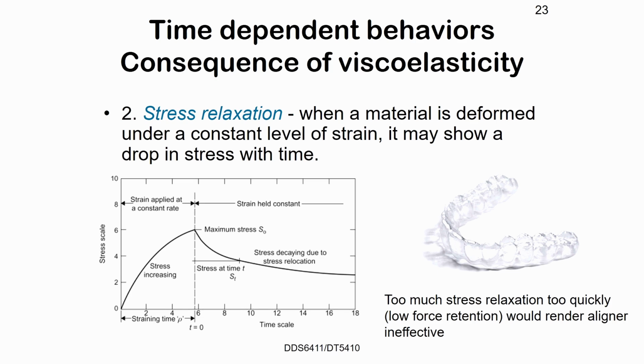You apply a displacement, and the resistance you get will reduce in time. It's like an aligner. You put on an aligner, you create a strain-controlled deformation that comes from the misalignment between the aligner and your teeth. You use that misalignment to try to move your teeth.